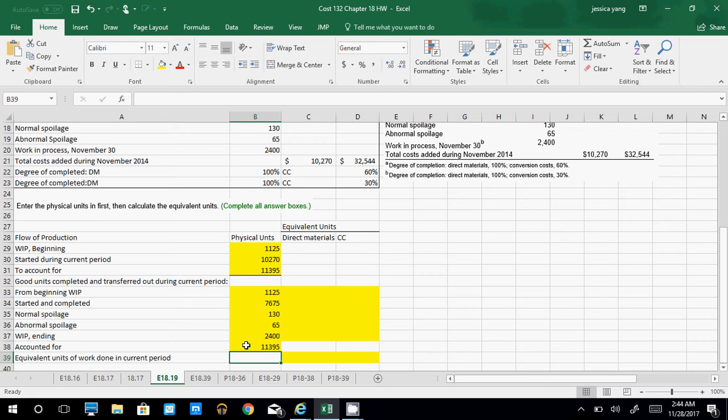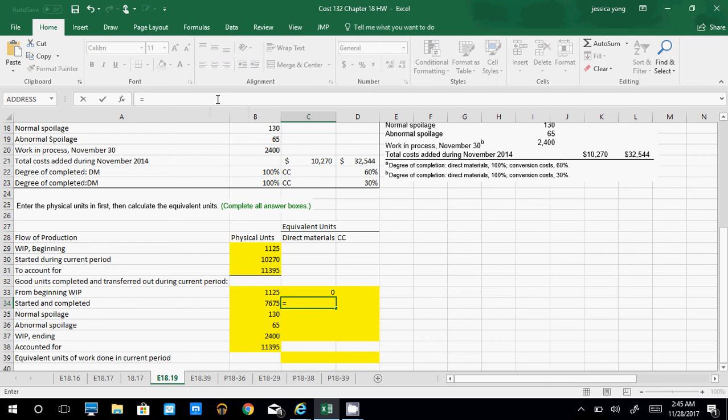Moving on to the equivalent units for direct material. To find this, we take the physical units from beginning work in process, 1,125 units, times 100% subtracted by 100%, which gives us a total of 0 units of equivalent units in direct materials from beginning work in process.